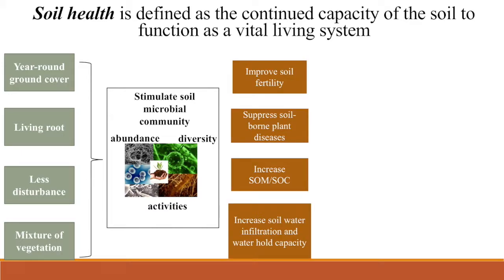The stimulated soil microbial community will improve all kinds of soil processes, such as improving soil fertility and increasing organic matter, and eventually will increase the soil functions, including enhancing plant productivity, preventing soil erosion, and improving water and air quality.